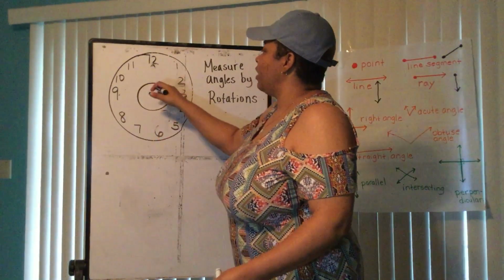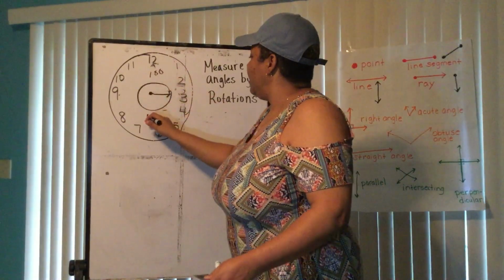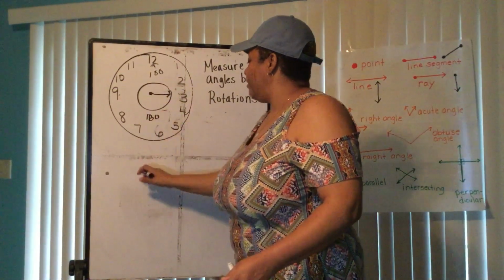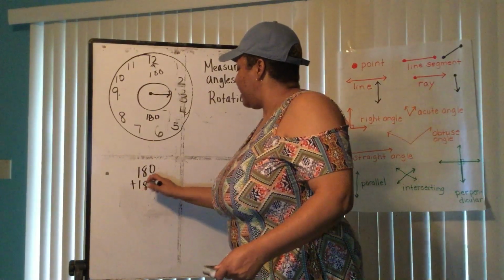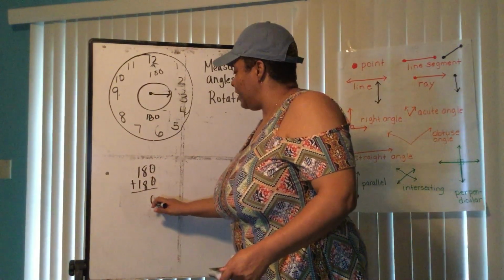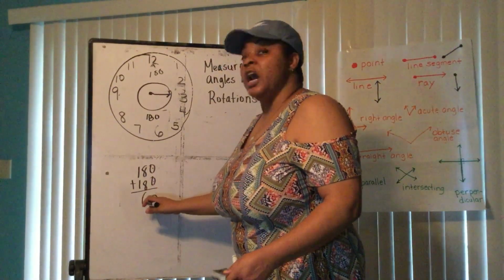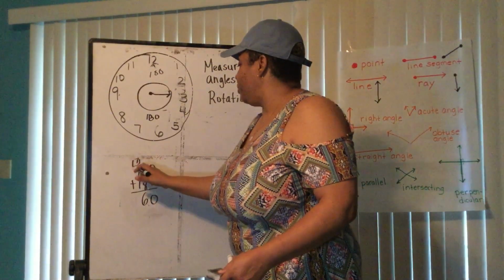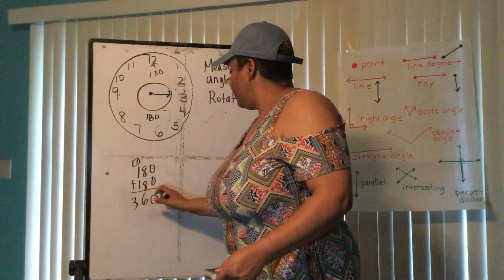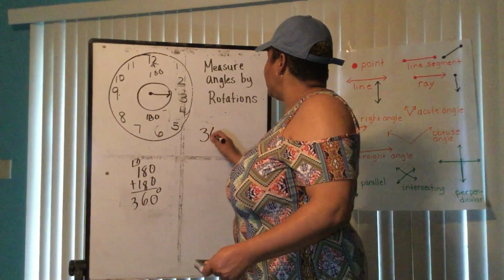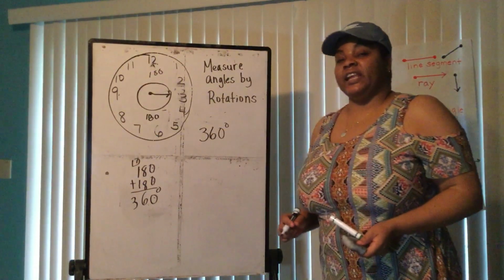I went all the way around. 180 and 180 on the other half. 180 plus 180. 0 plus 0 is 0. 8 plus 8, we know about doubles, is 16. I need to regroup. 1 plus 1 is 2, plus 1 more is 3. 360 degrees. Go ahead and get that in.